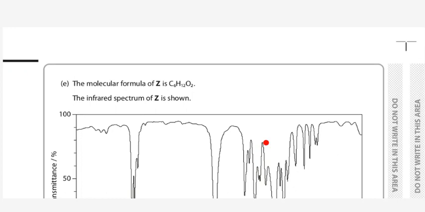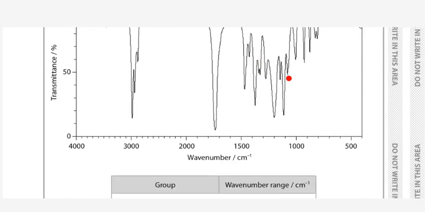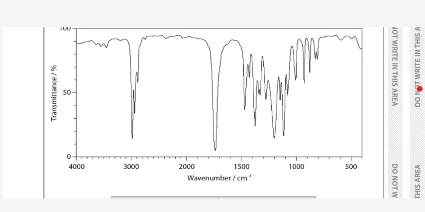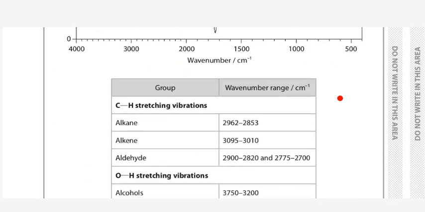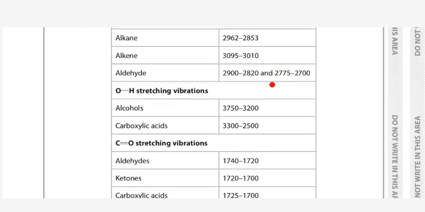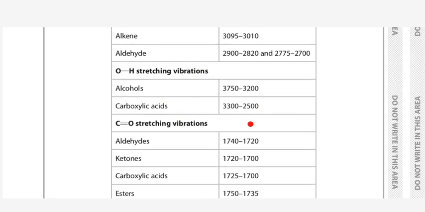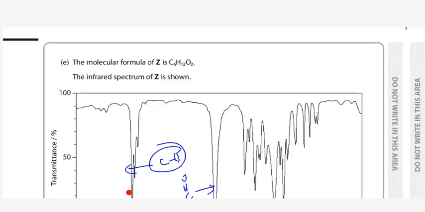The molecular formula of Z is C6H12O2. The infrared spectrum of Z is shown. It is very clear that there's a carbonyl group. An OH is possible, but the OH would have a broad band.